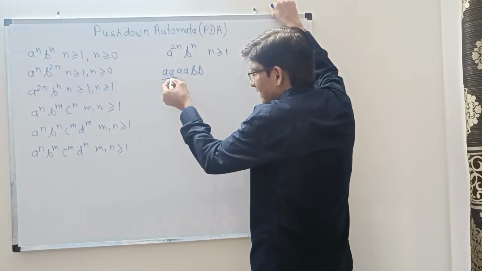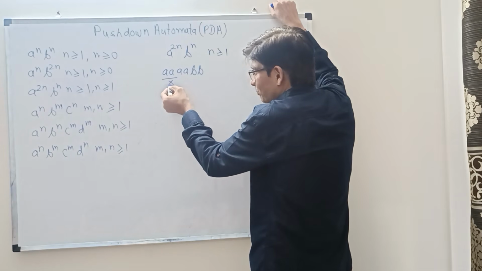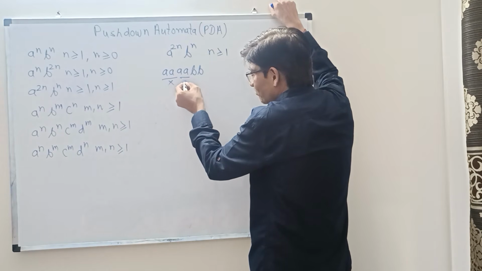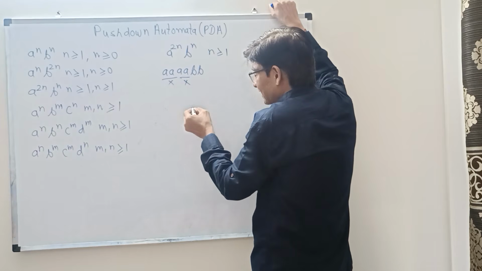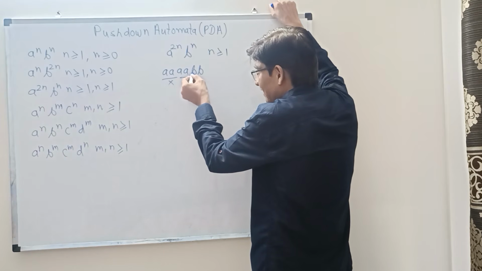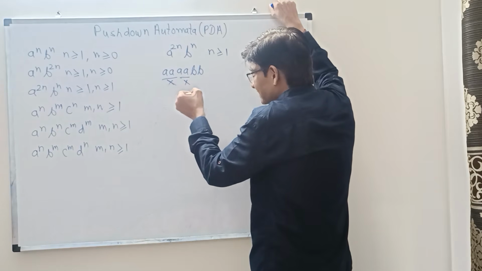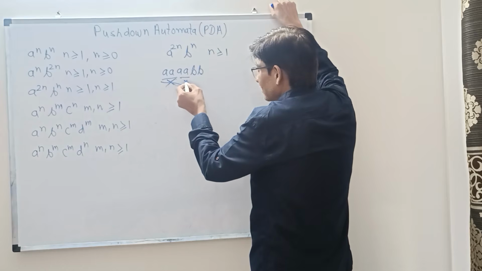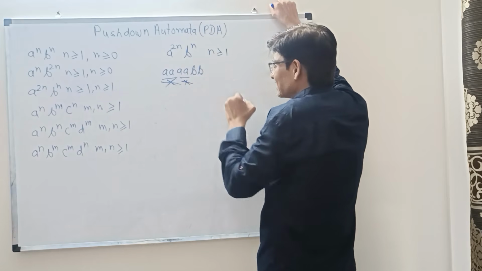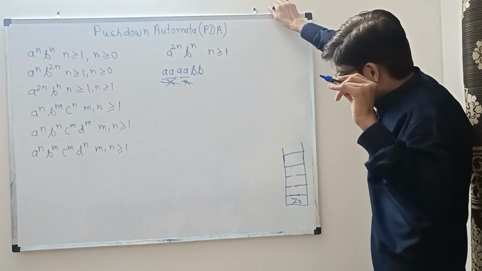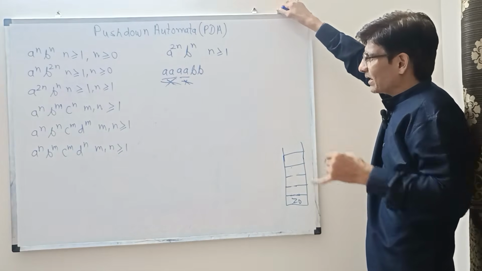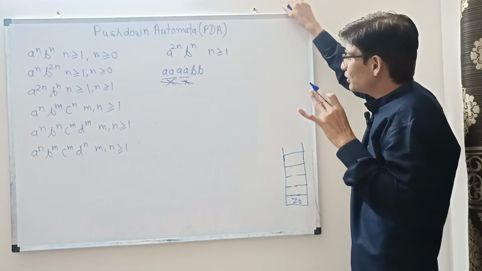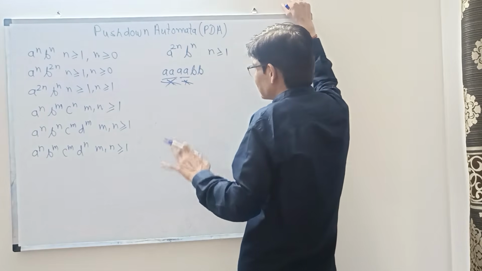For this particular pair of A's, we will push one X. For this particular pair of A's, we will push another X. Then for this B, we will pop this X. And for this B, we will pop this X, so that the stack will be empty. So this is how we can implement this. Now, how we will be doing it, that we will see.